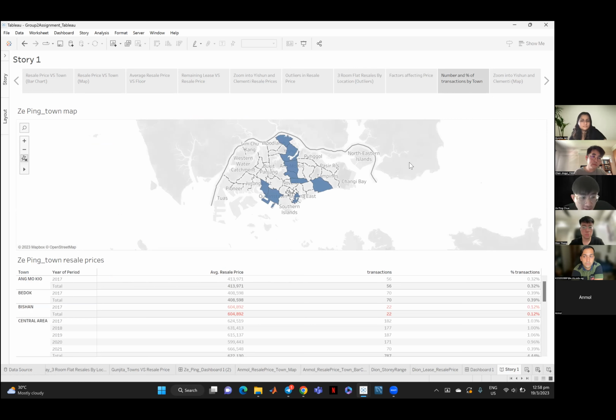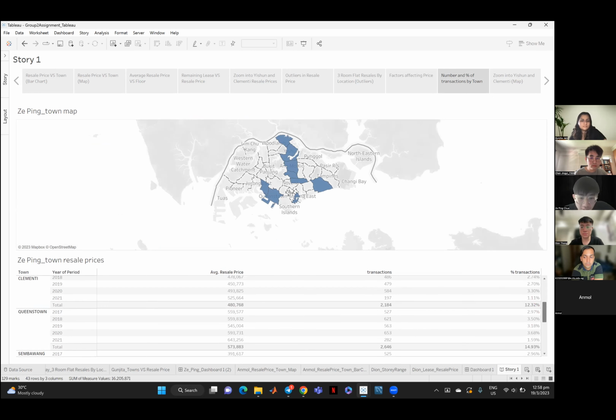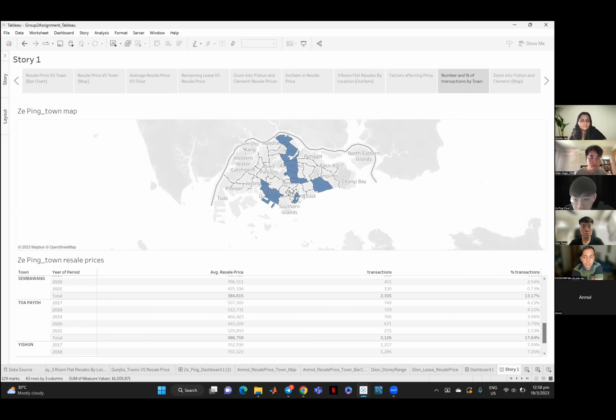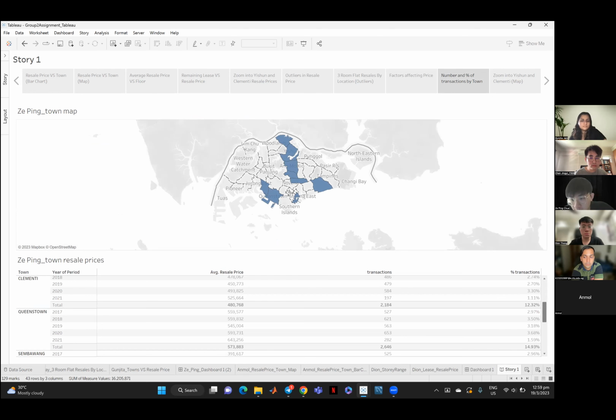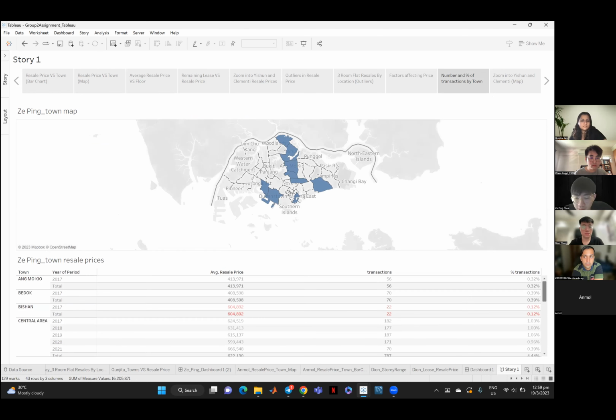Okay, so this is a table of transactions and also the number of transactions for the past 5 years for all the towns, and also the percentage of the total, like what share of the total the amount of transactions in each town amounts to.